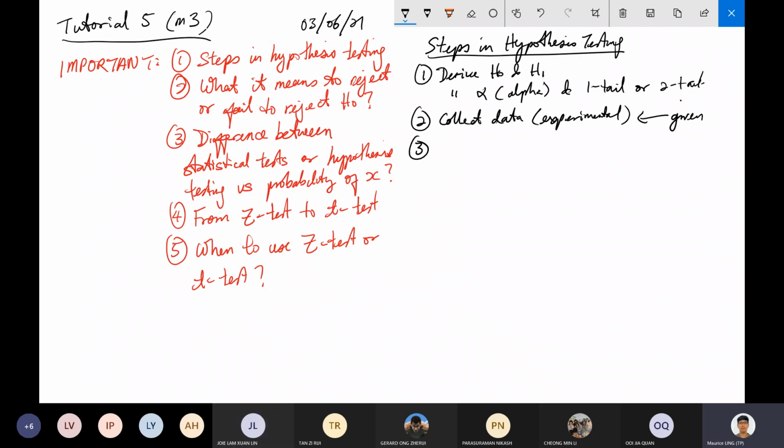Third, after you have the data, what do you do? Test against the hypothesis. In other words, you decide on the statistical test. After that, you calculate the statistic based on the test.